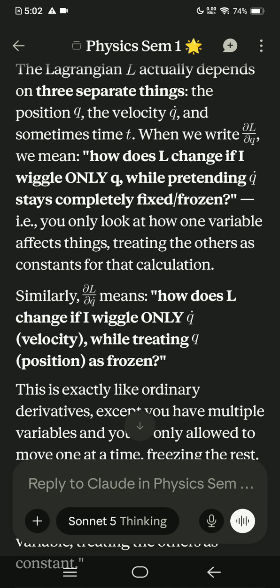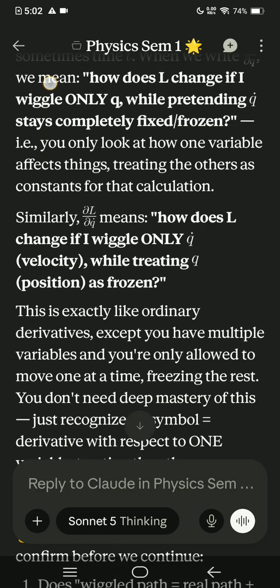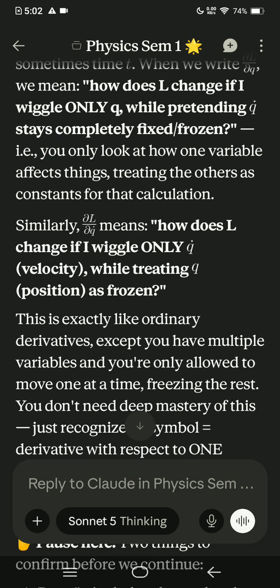Similarly, dL by dq dot means how does L change if I wiggle only q dot, the velocity, while treating q, the position, as frozen. I don't understand anything here.